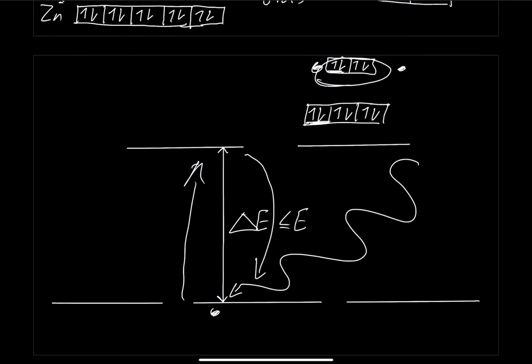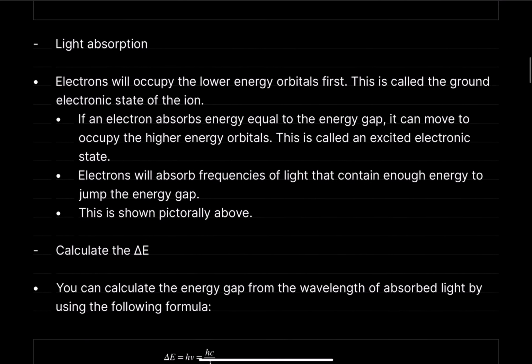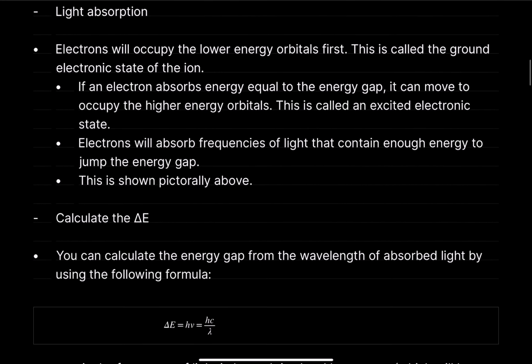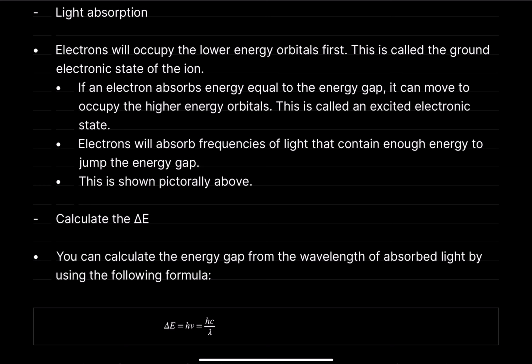The chemical understanding of this topic is the movement of the electrons and the electronic configuration. But the physical aspect is the frequency of a specific wavelength of light. And you can actually calculate the energy gap from the wavelength of absorbed light by using the following formula.